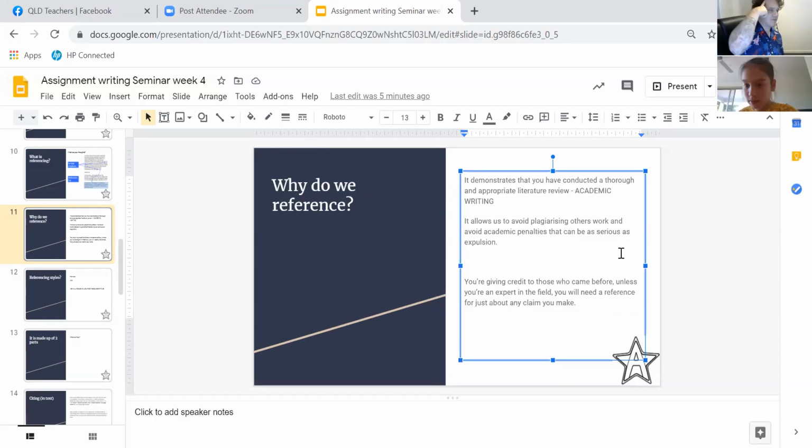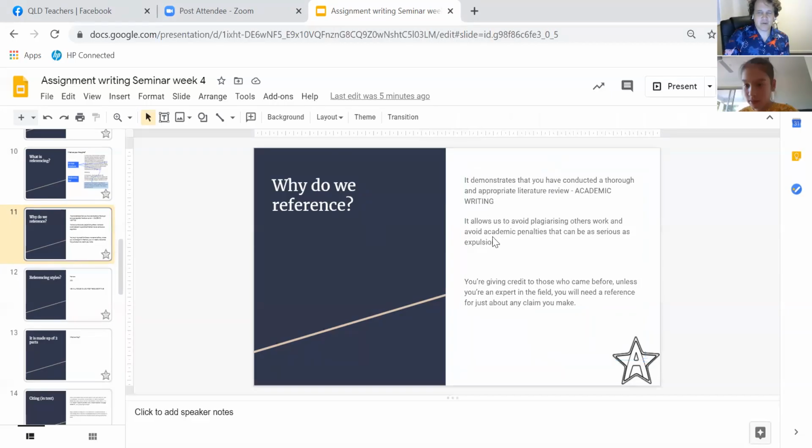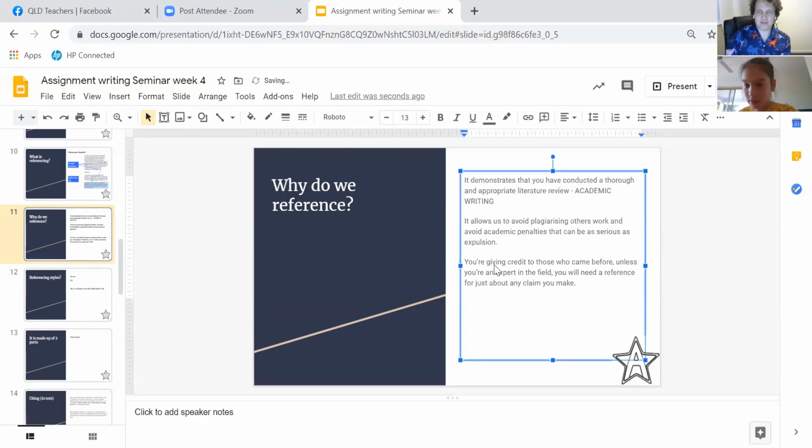If you're not an expert in the field, then anything that comes out of your head has probably been read somewhere else, unless you are a child prodigy genius. So we have to give credit. We're not plagiarizing, and it shows we have read a thorough mix of references.